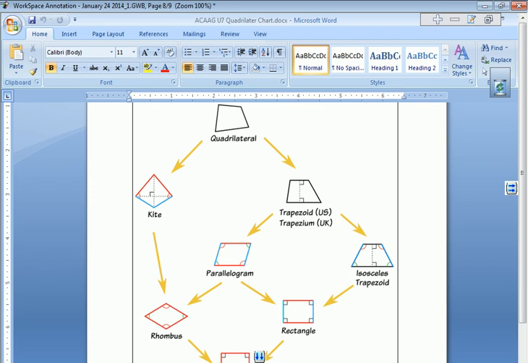What's a quadrilateral? A polygon with 4 sides? Okay. So any polygon with 4 sides would be considered a quadrilateral. And then we have special names for quadrilaterals that have special characteristics. And we're going to talk about those today.